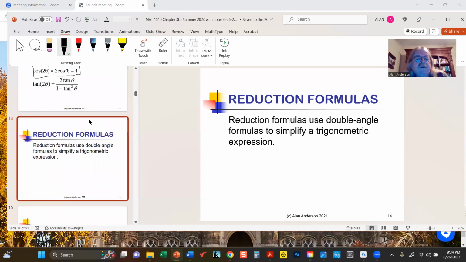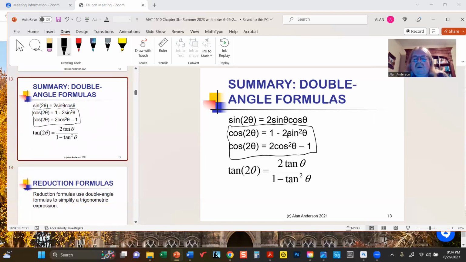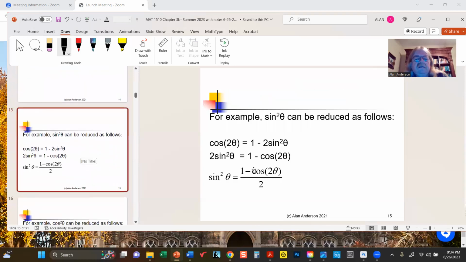So the first version, 1 minus 2 sine squared theta, is here. Algebraically, we're just going to rewrite this, and that's all it is. So in other words, what this is saying is that the cosine formula implies that the sine squared of theta equals 1 minus cosine 2 theta, over 2.